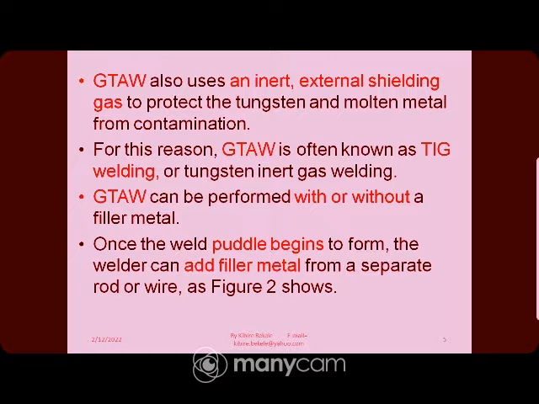So in the arc welding process, it is always important to shield the electrode tip, the molten metal, the heat affected zone, as well as the arc from air contamination, because in the air there are different gases that can affect our welding quality. For this reason, gas tungsten arc welding is often known as TIG welding, or tungsten inert gas welding.